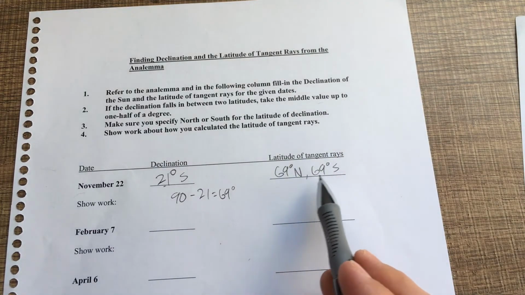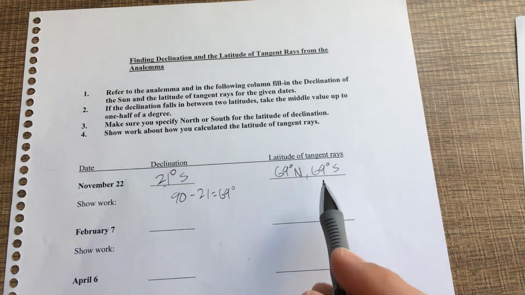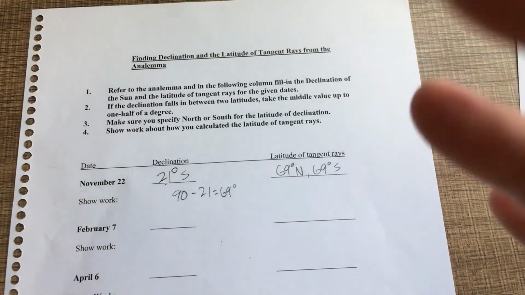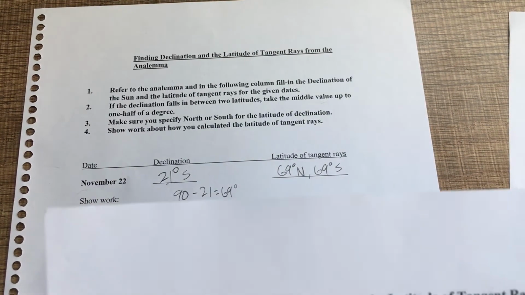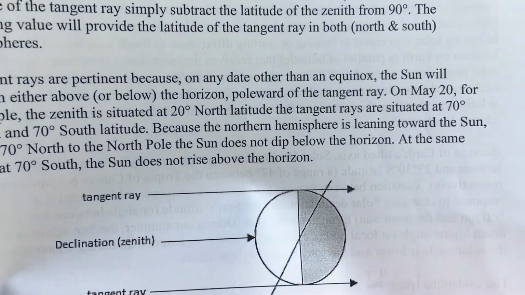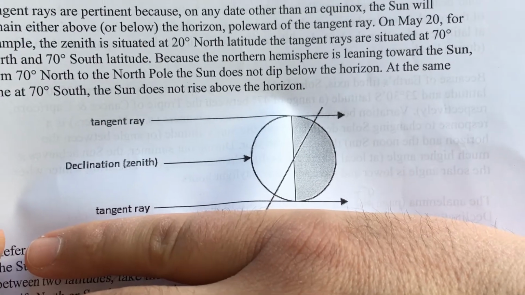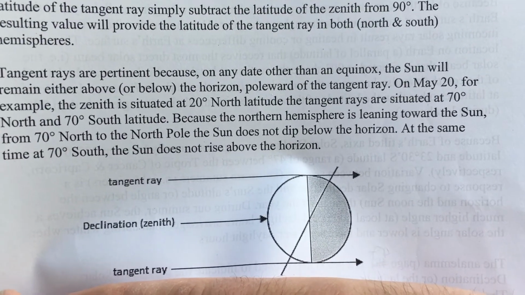These two values should always be the same, except one's north and one's south. In the grand scheme, you're working with 180 degrees, because that would be half of a circle, as I show you here. If you look at the Earth this way, it's like half of a circle, and that's where the illumination from the sun is going to be.